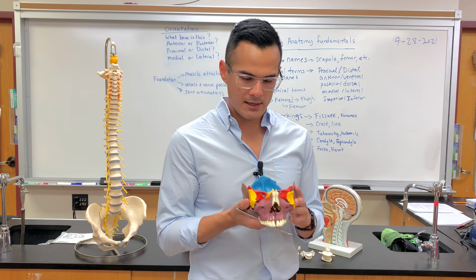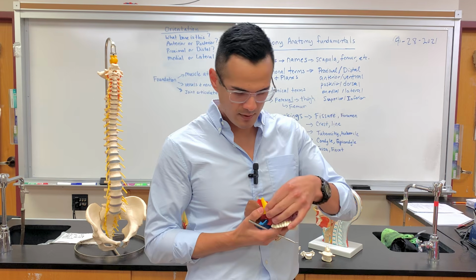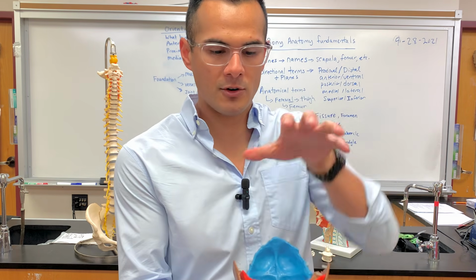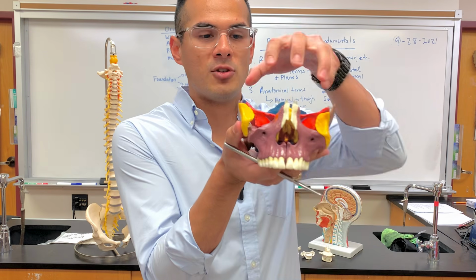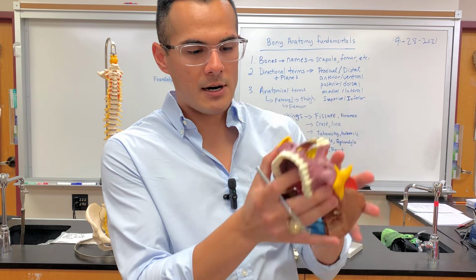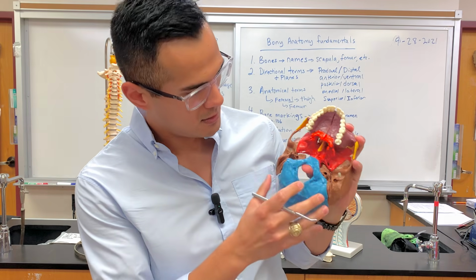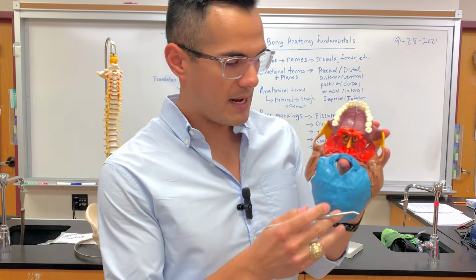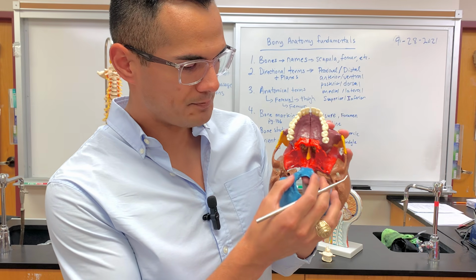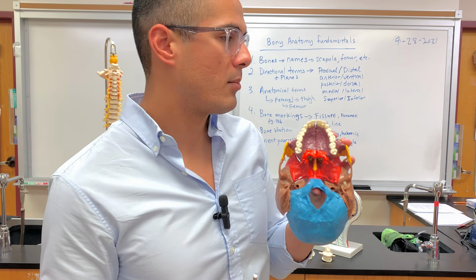So now let's go and start to identify some of the bony anatomy. On this model that I have, what I've taken off is the frontal bone, and also the occipital bone. Okay, so let's start here at the base. I've already mentioned that these are the condyles, the occipital condyles, and both of these are known as the styloid process.